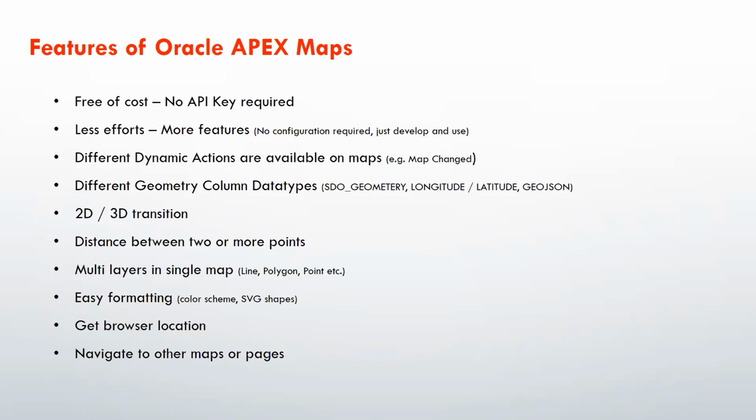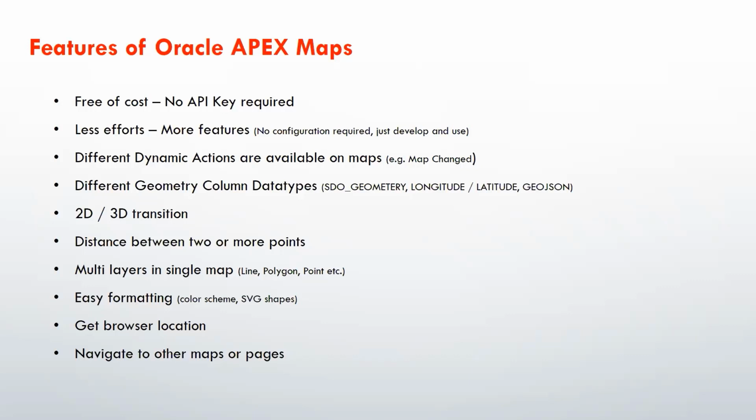We can use it as our database column data type, and we can store our geographical data in this specific column. The next one is we can have 2D or 3D maps, and if we have shown maps in 3D format, we can make a transition between 2D.